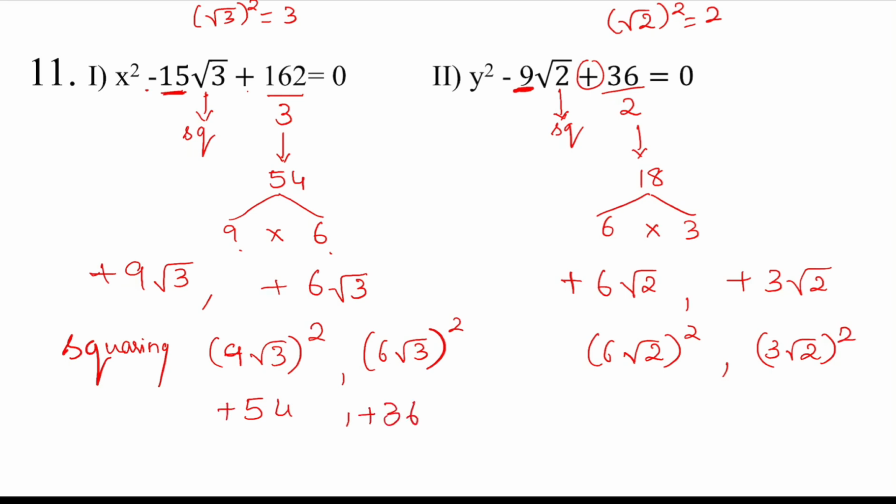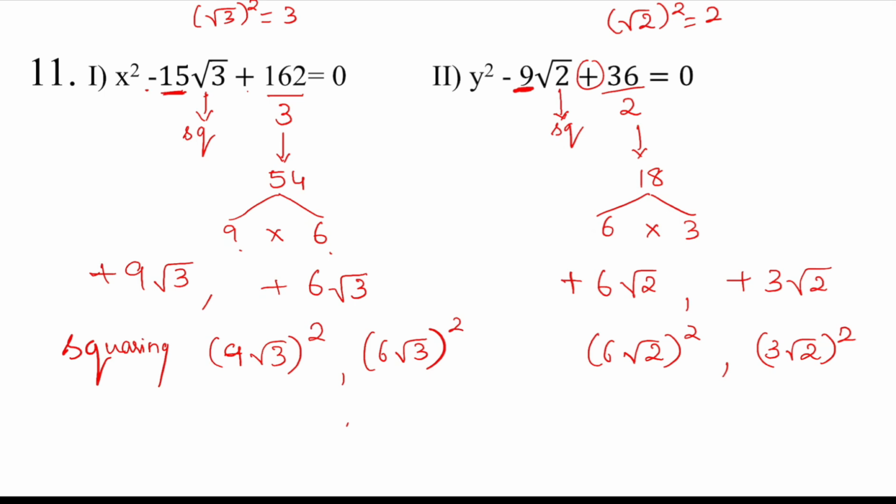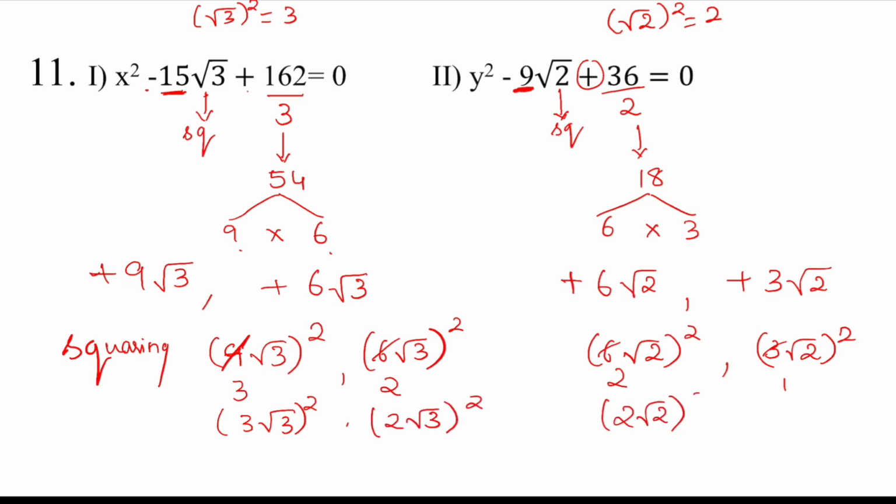Then 6 6s are 36 into, okay, before that you can make it simple. How you can, cancel everywhere by 6. See here, 3 3s are 9, 3 2s are 6, 3 2s are 6 and 3 1s are 3. Now it is like 3 root 3 the whole square, 2 root 3 the whole square, 2 root 2 the whole square and root 2 the whole square.